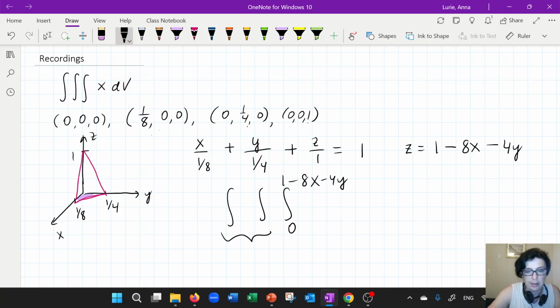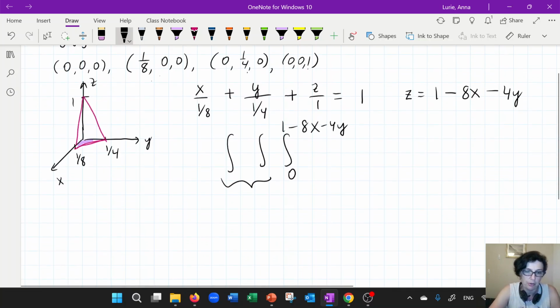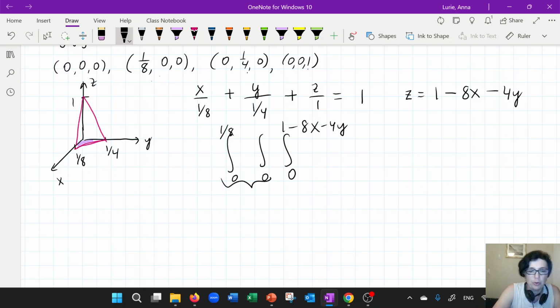Now, over here, this is the projection of this tetrahedron to the xy plane, that purple triangle, right? And for x, we already see that it goes from 0 to 1/8. So we just have to figure out what our middle limits are going to be. To figure that out, notice something important.